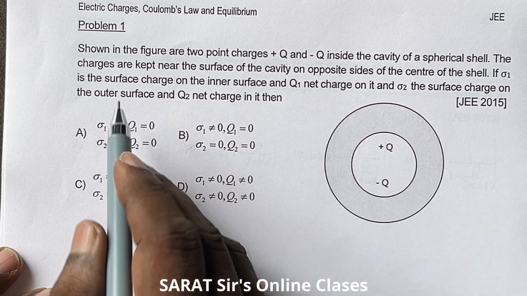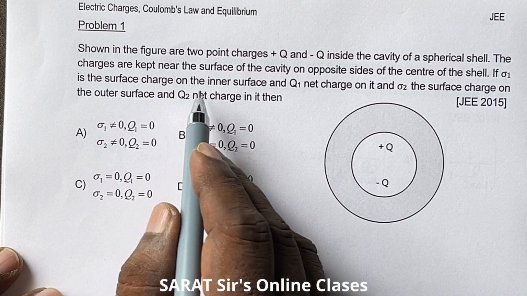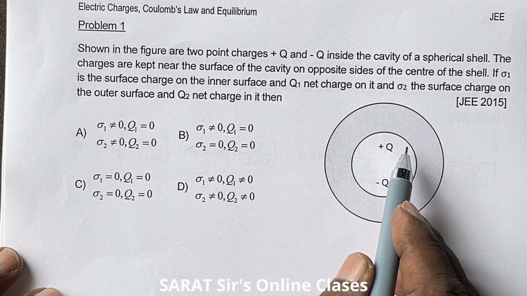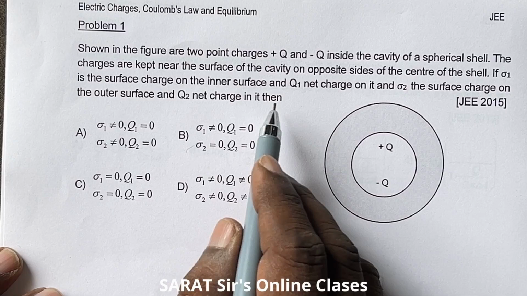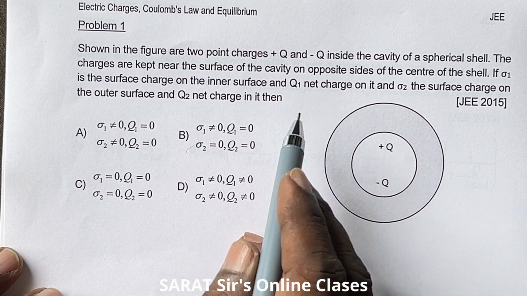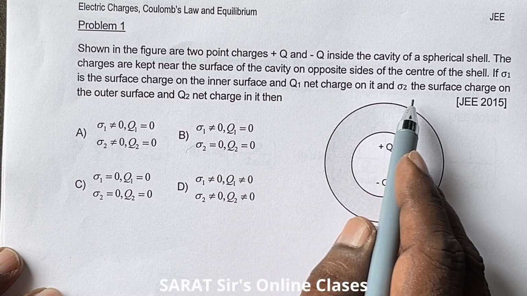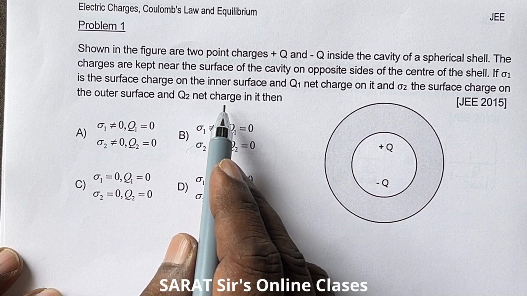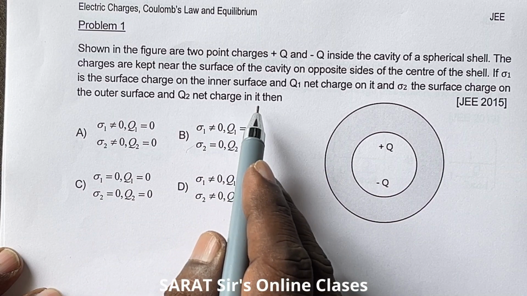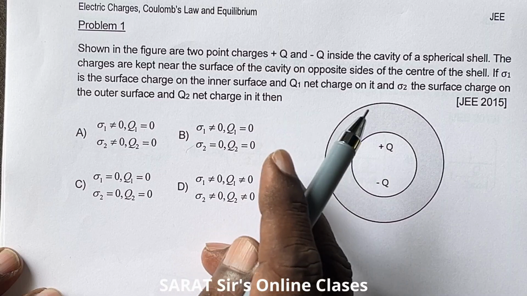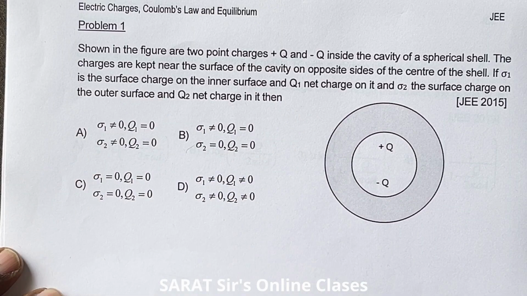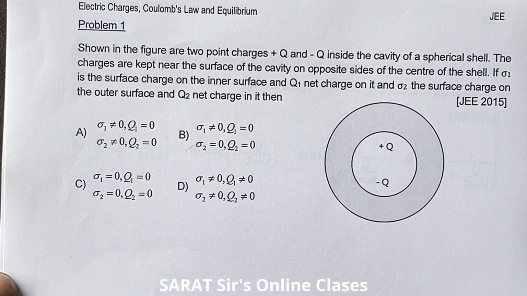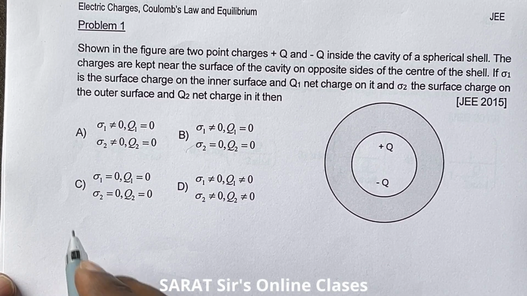If sigma 1 is the surface charge density on the inner surface and q1 the net charge on it, and sigma 2 the surface charge density on the outer surface and q2 the net charge on it, then which of the options are correct? That is the problem given in 2015.